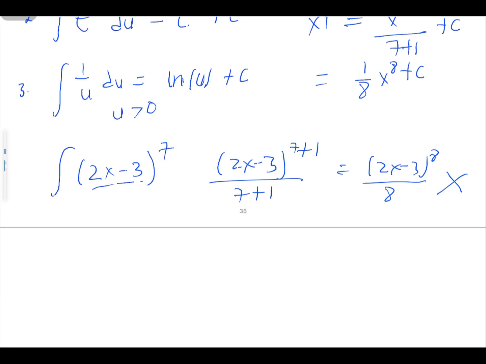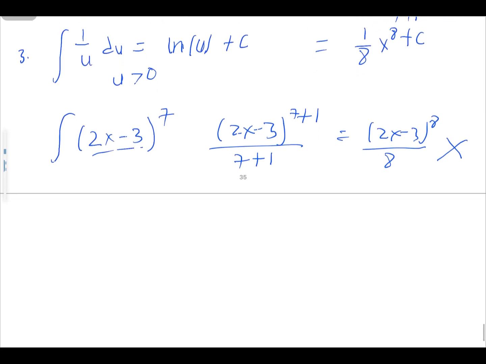If you want to confirm whether whatever you have done is correct, let's do the differentiation. When you differentiate to confirm whether you will get the integrand back, we get 2 multiplied by 8, and then (2x minus 3) all to the power 7.